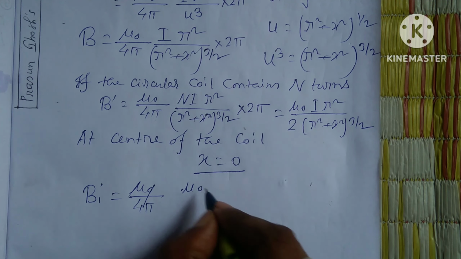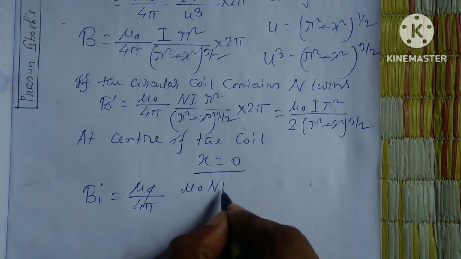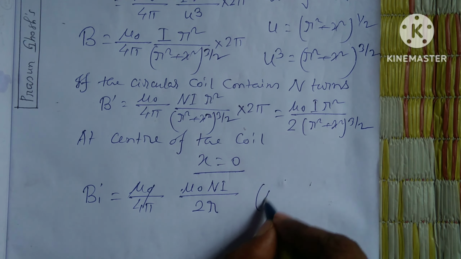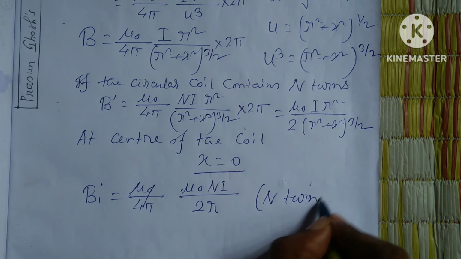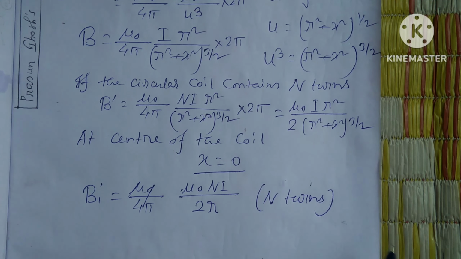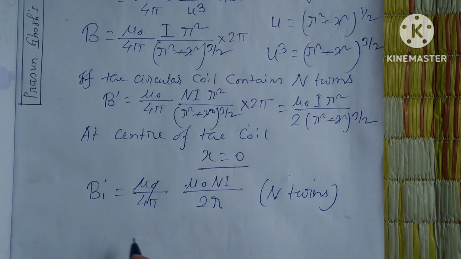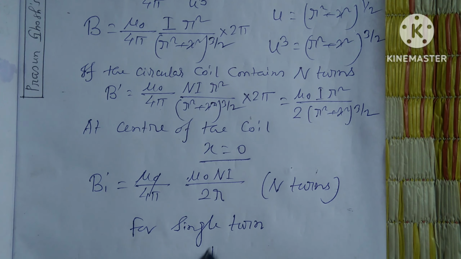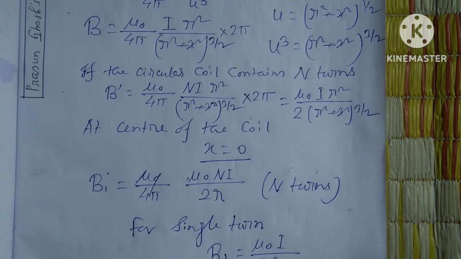By simplifying, we get mu 0 n I by 2r for n turns, and for a single turn we can write B1 equal to mu 0 I by 2r.